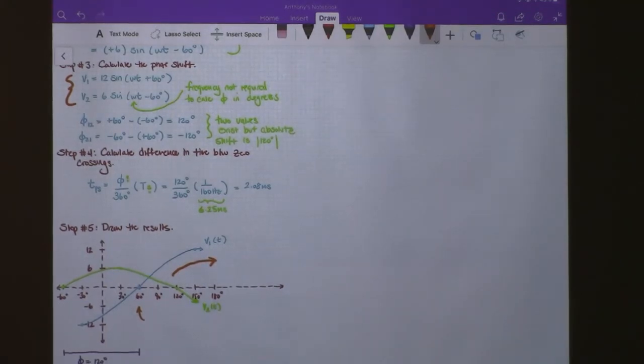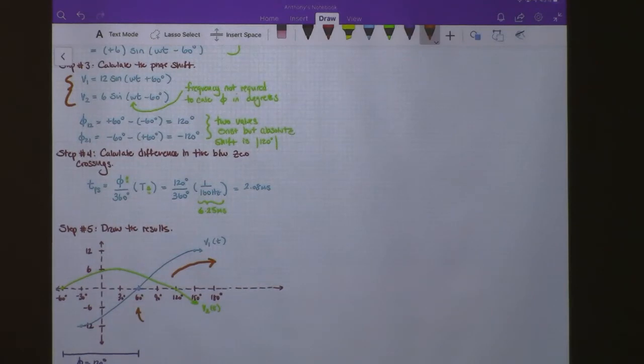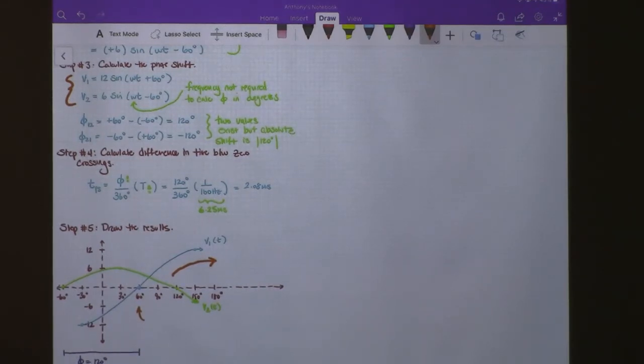Make sense? So this is slightly different than the other types of problems that we're going to talk about in this section. Frankly, we're not going to spend much time discussing these waveforms in terms of time dependent values. We're mostly going to be talking about them as something called phasors, which is a frequency-independent representation. But still, I think it's important you understand how the two relate to one another.